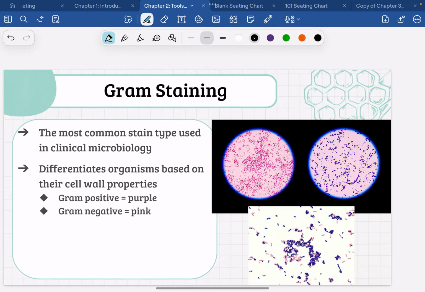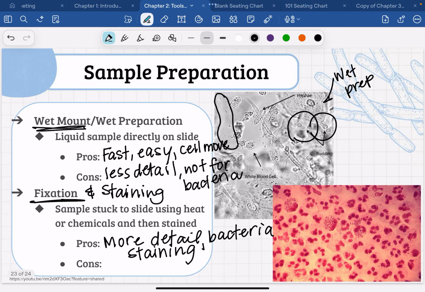So if we need to know something about specific details of an organism, that is what we want to use, okay, a fixation. It shows more detail. It can see bacteria down to individual cells, and it can be stained different colors. It's helpful.